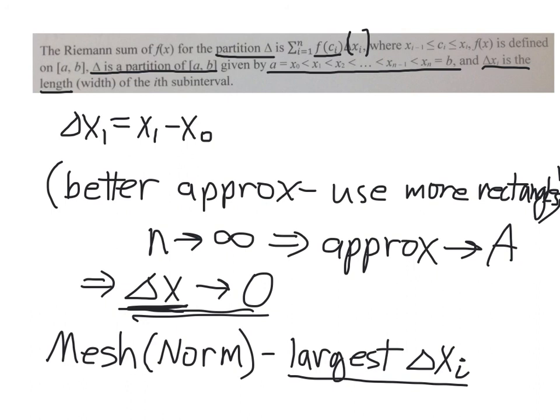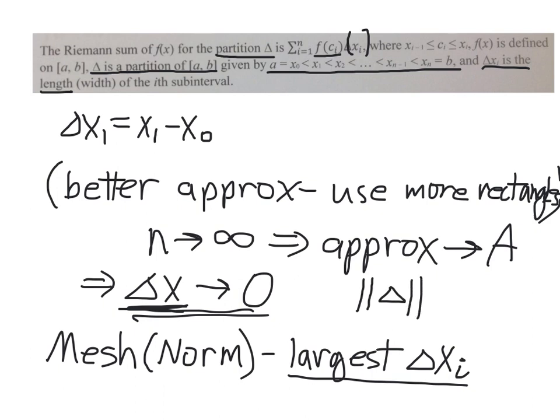So we can get around having equal widths by saying, well, let's let the mesh or the norm be the largest and make it approach 0. And ultimately that makes all of them approach 0. Now the notation for the mesh, it's kind of like an absolute value.